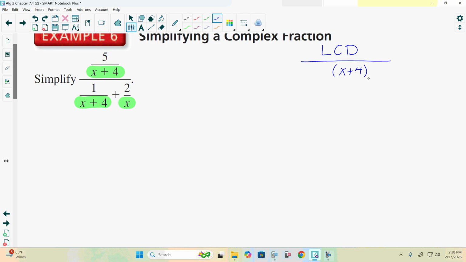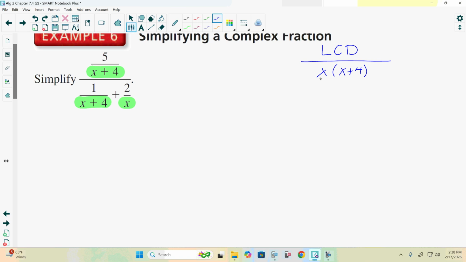But in each of the denominators that it does appear, it only appears in each of those denominators once. So that takes care of the denominator on top and one of the ones on bottom. Is there anything else we need? Yes. So x times x plus 4 is the least common denominator of this entire fraction. Yes?